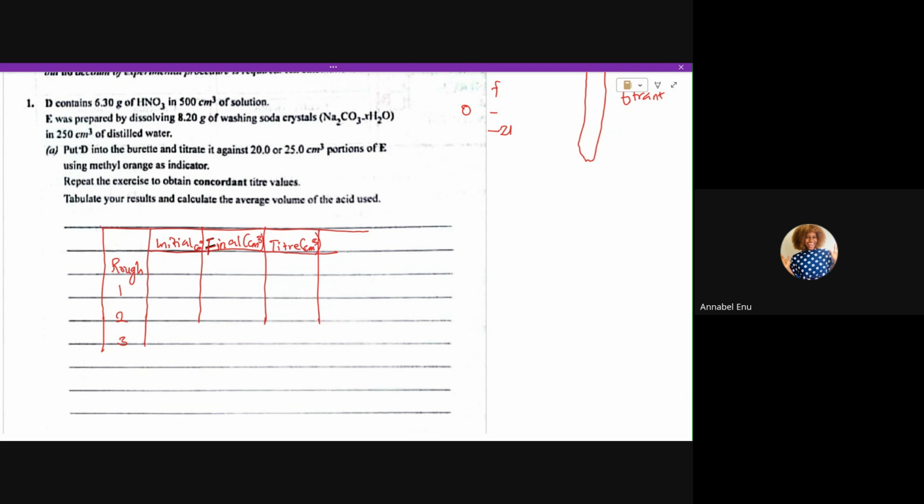Okay, everything just setting. So this titer just means the difference between the initial and the final. So for our rough, when we have filled our burette to zero point zero, we are starting with 0.0. And so let us assume our final reading would be 24.8. Okay, so for our second reading, let us assume it's 0.0. Let us just start everything from a zero base.